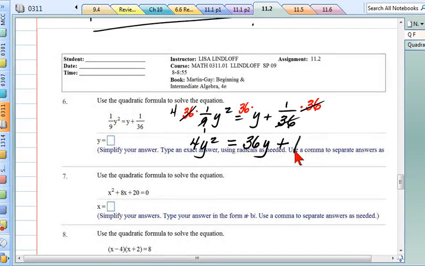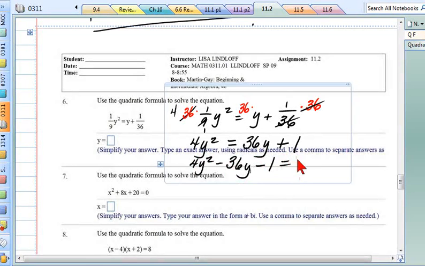Could you now put this in what's called general form? Could you set it equal to 0? Wouldn't it be 4y squared minus 36y minus 1 is equal to 0?